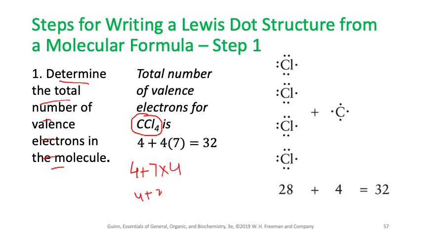So 4 plus 28, 32. So in CCl4 I have a total of 32 valence electrons. We already showed you the Lewis dot structure for each atom, 4 chlorine, 1 carbon. So this is how you can determine the total number of valence electrons.